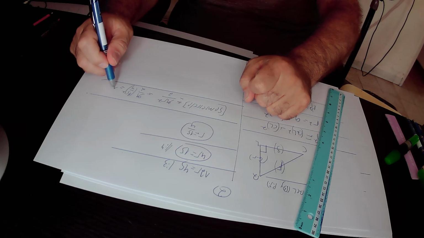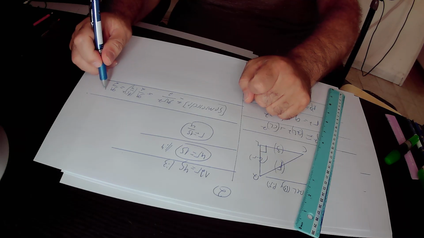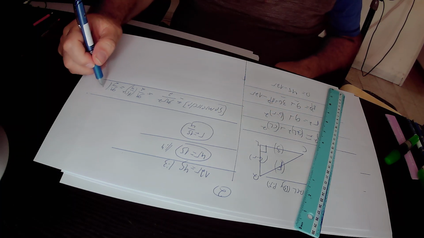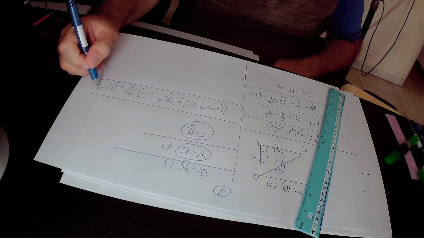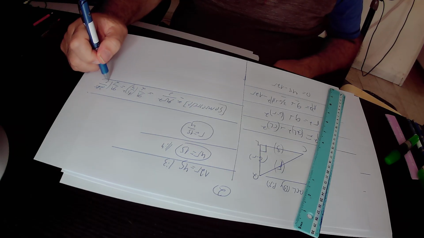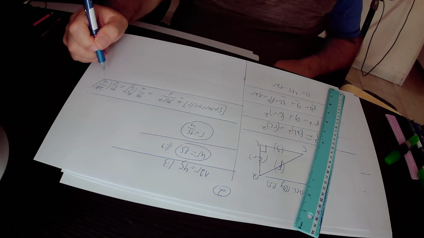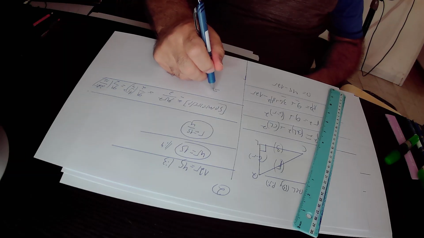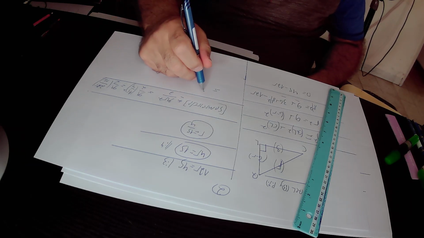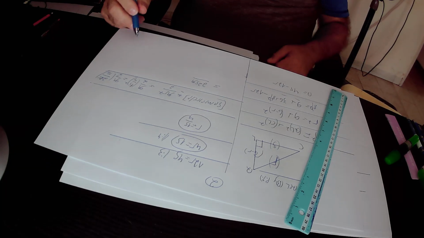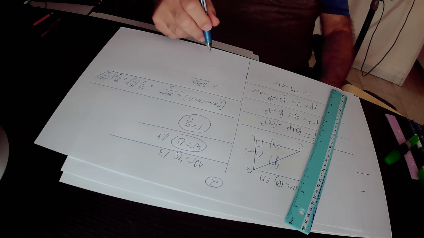So it is pi over 2 times 15 over 4 squared. 15 over 4 squared equals 15 squared, that is 225, over 4 squared, that is 16. So now the semicircle in total equals 225 pi over 16 times 2, that is 32.